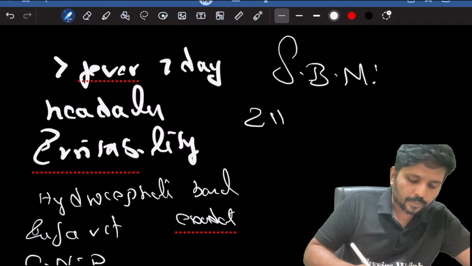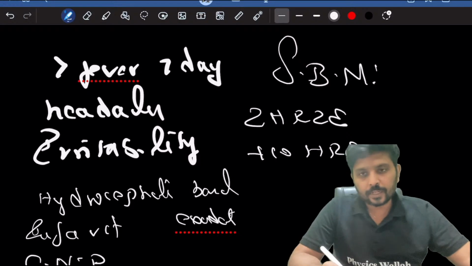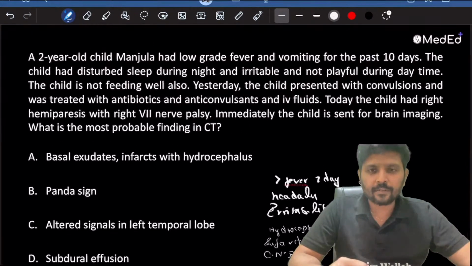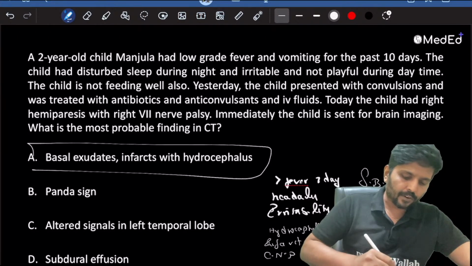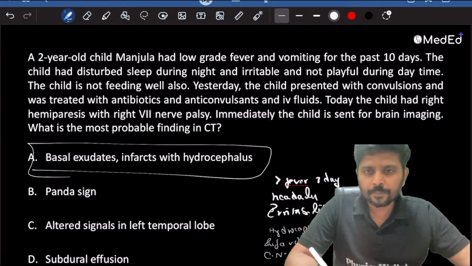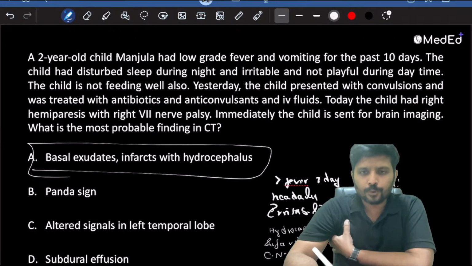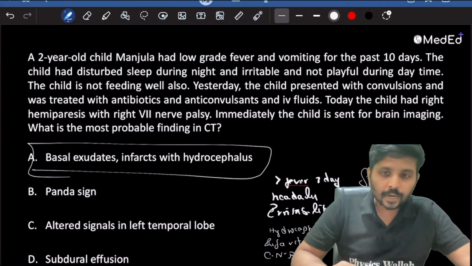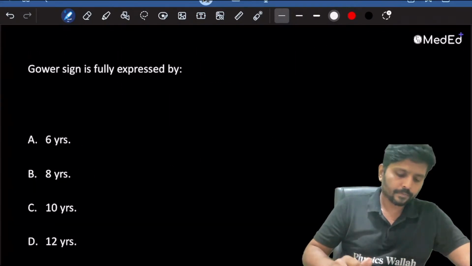And in tuberculous meningitis, the treatment is 1 year of ATT. So the answer is basal exudate, infarct, and hydrocephalus. Remember, all subacute meningoencephalitis should be considered for TB unless otherwise proved. So this is a case of tuberculous meningitis.